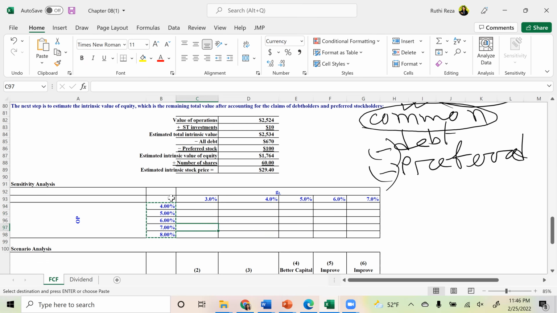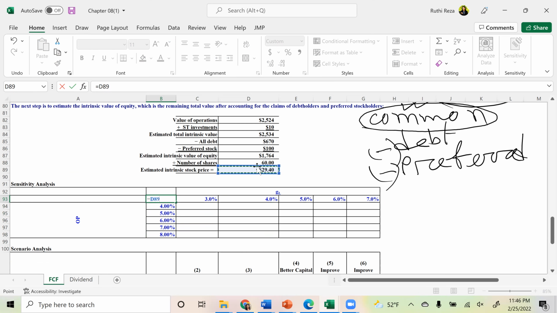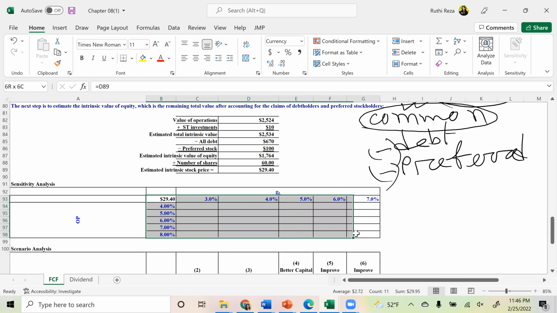All right, now to the left top corner, we are gonna copy the stock price we estimated. And remember, this should be linked, right? So you can see I linked this one. All right, now we are ready to perform the sensitivity analysis of the intrinsic stock price to these two factors, including the long-term FCF growth rate and operating profitability ratio.